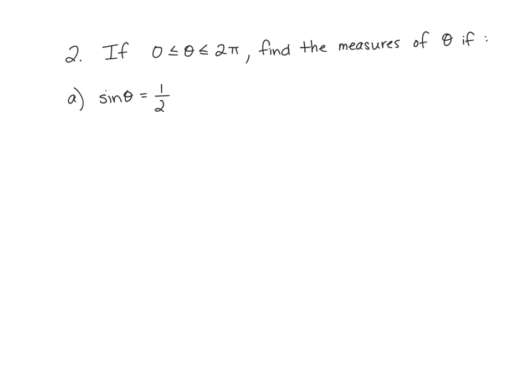What that's really saying is if we think about 0 to 2 pi, that's talking about the first positive rotation. So in our first rotation, in our positive rotation, what are the values of theta given the specific ratio?